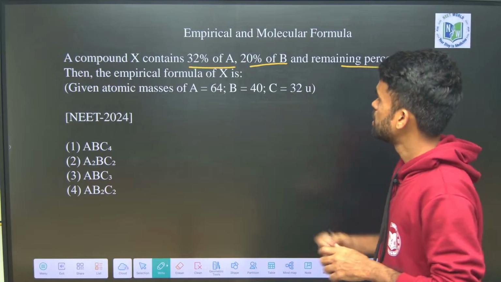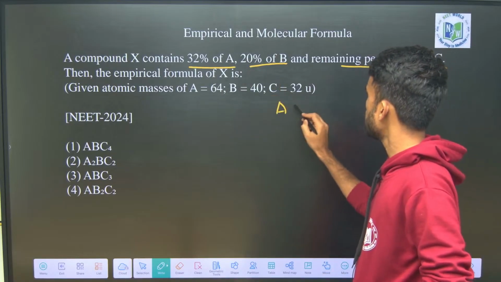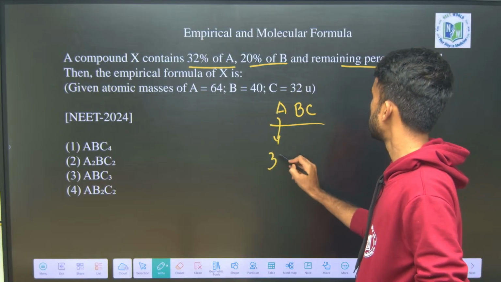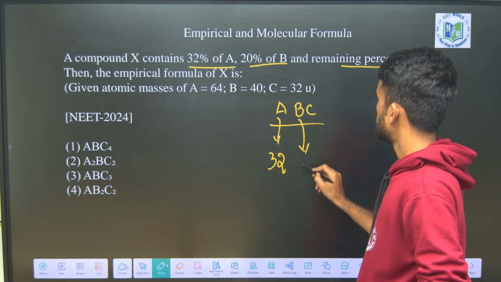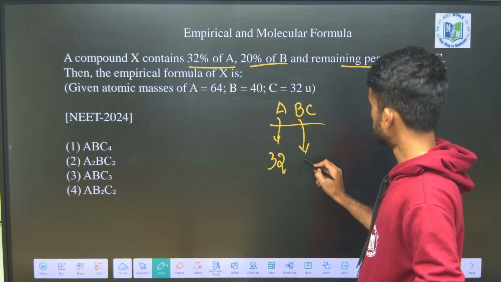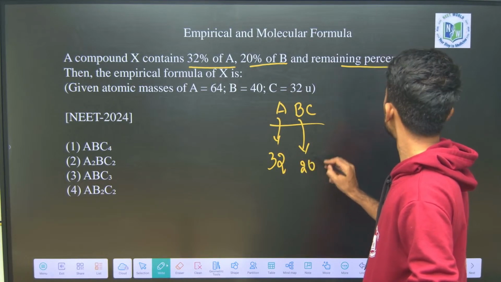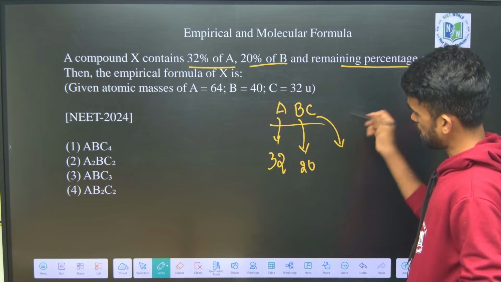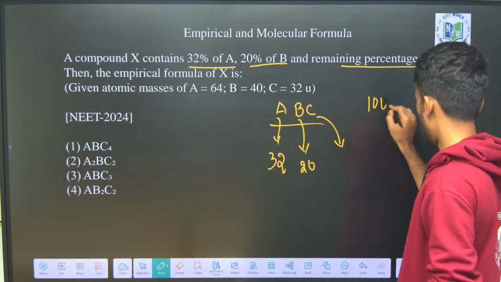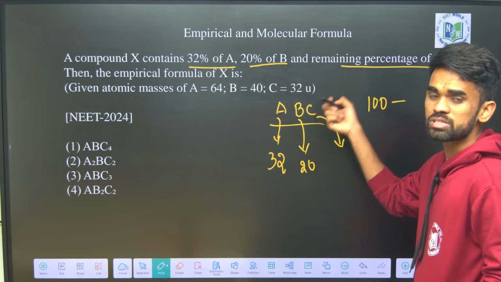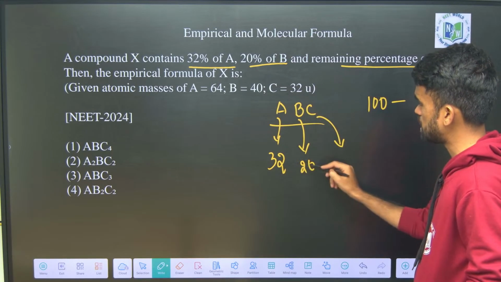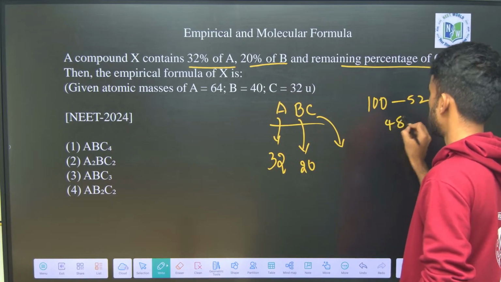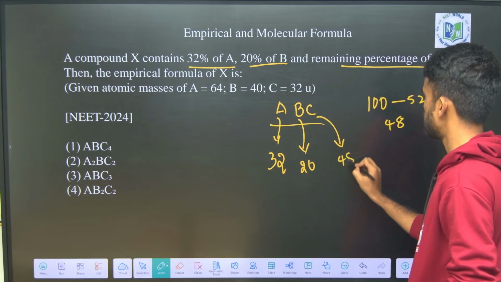See, a compound is made up of A, B, C, having 32% A and 20% B, and the remaining percent is C. So if ABC makes 100%, then 100 minus (A plus B) gives the quantity of C. 32 plus 20 is 52, so the remaining will be 48. The quantity of C here I can take as 48, that's it.